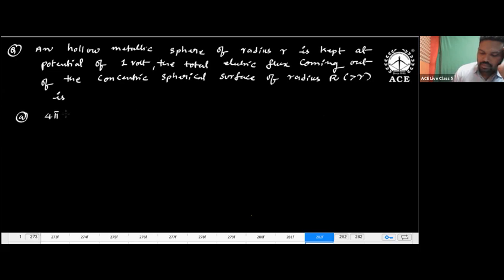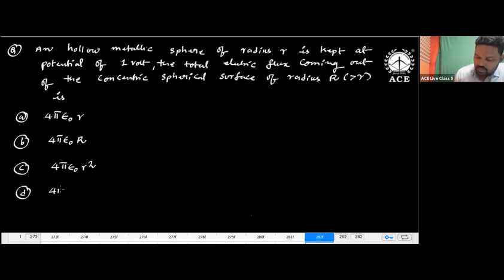Options are given: option A, 4 pi epsilon naught r; option B, 4 pi epsilon naught into capital R; option C, 4 pi epsilon naught r square; option D, 4 pi epsilon naught R square.